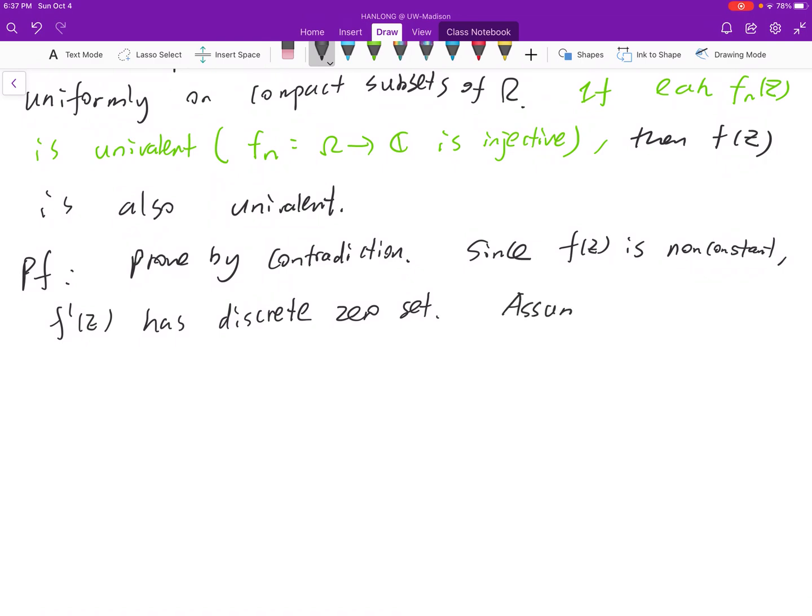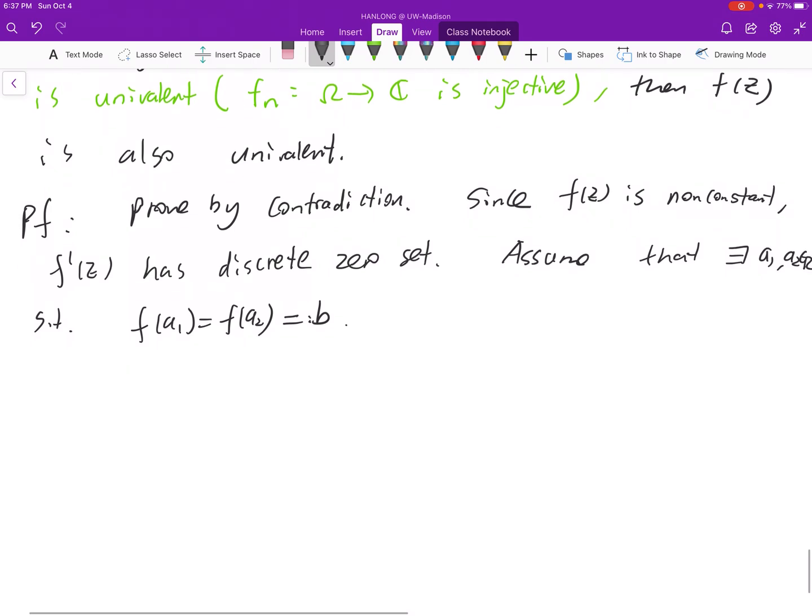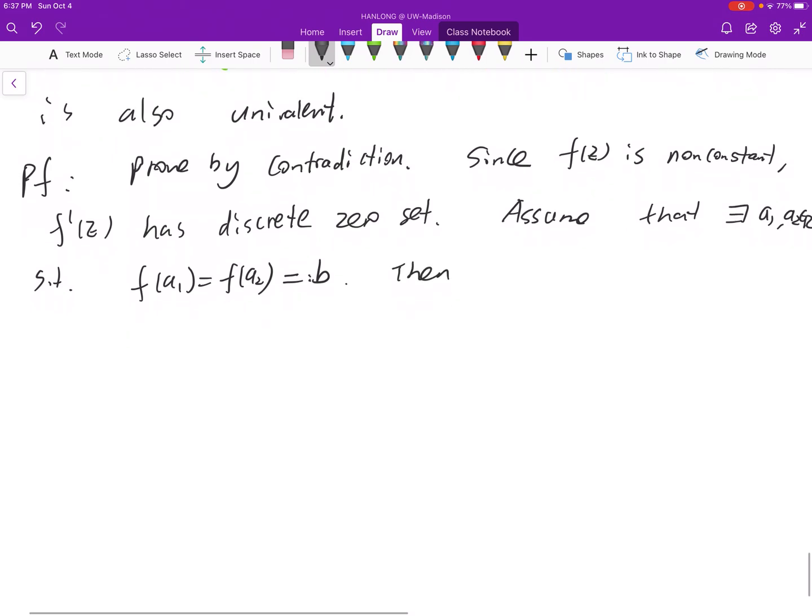And assume that there exist points a1, a2 in omega such that f(a1) equals f(a2). Let's denote this value as b. Then we have the following.